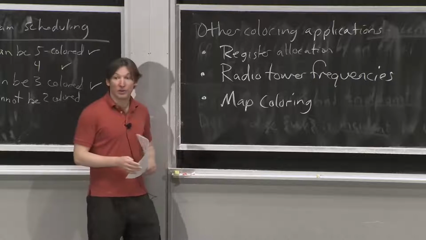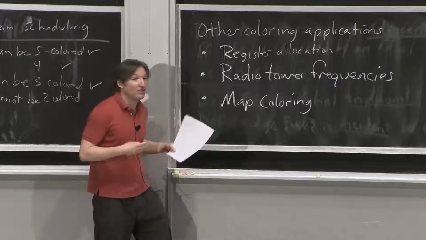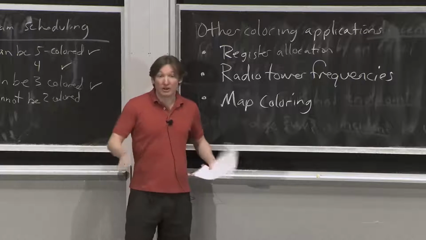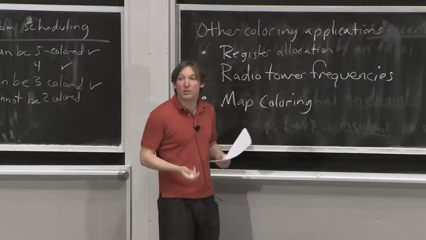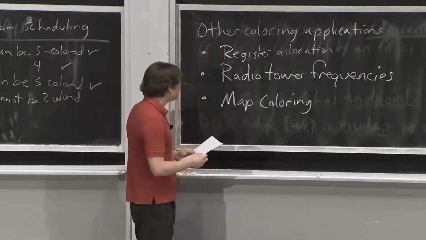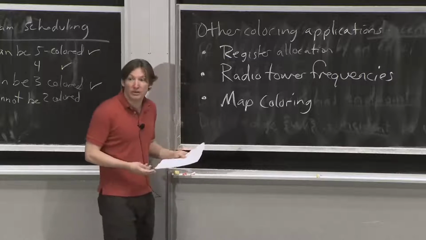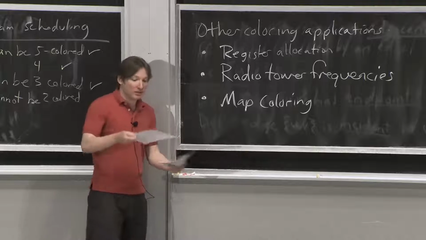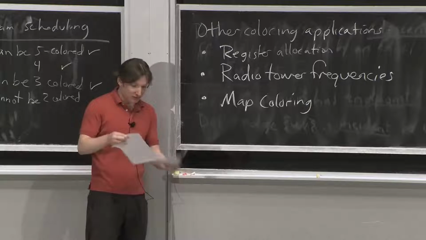And 4 colors is always enough. This is just saying that certain kinds of graphs can always be 4-colored. Not every graph, but certain kinds of graphs, the so-called planar graphs, can always be 4-colored. This is the language that the proof is written in. It's a theorem about graph theory. It uses graph theory. But it's an example we've already seen, which is nice.